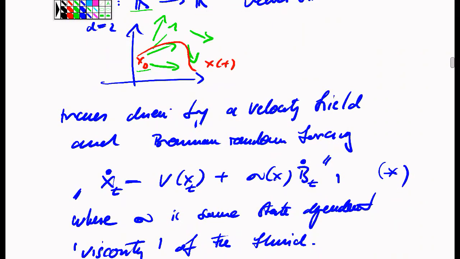Therefore, we are tempted to write that the change of position of the tracer is not only given by the velocity of the surrounding fluid, as a deterministic motion which pushes the thing around, but there are also these microscopic collisions with other molecules, which produce additional random pushes, given by the changes of position of all these other particles that hit the tracer.